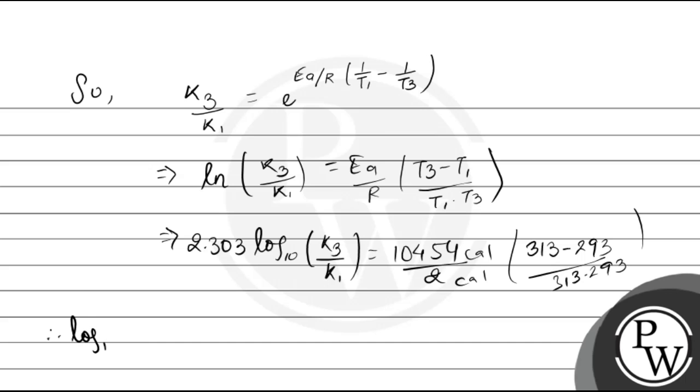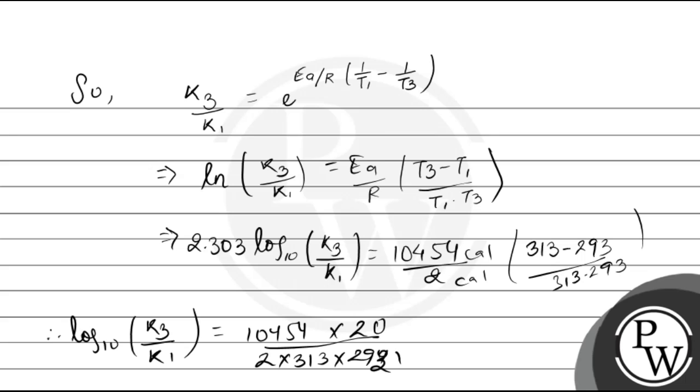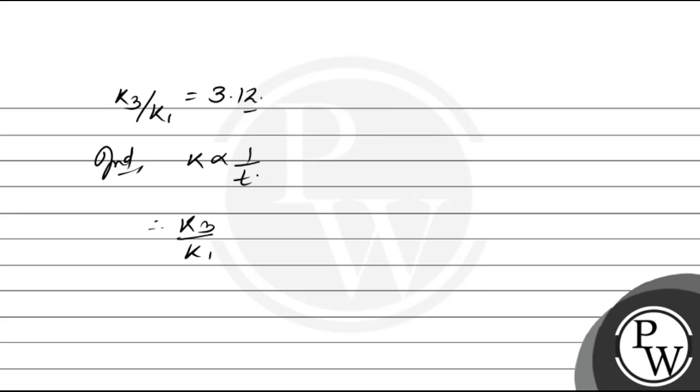So log 10 K3 upon K1 is equal to 10,454 into 20 divided by 2 into 313 into 293 divided by 2.303. This means K3 upon K1 is equal to 3.12, and we know that K is inversely proportional to 1 upon time. So K3 upon K1 is equal to t1 upon t3, and K3 upon K1 is equal to 3.12 and t1 is equal to 64 hours.